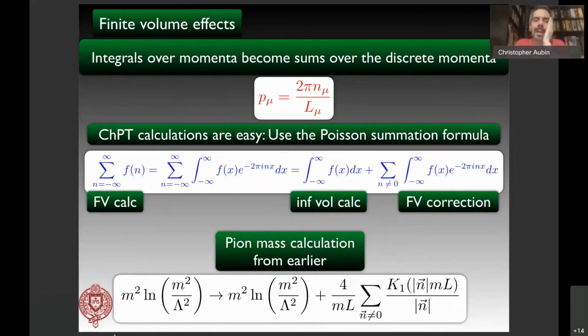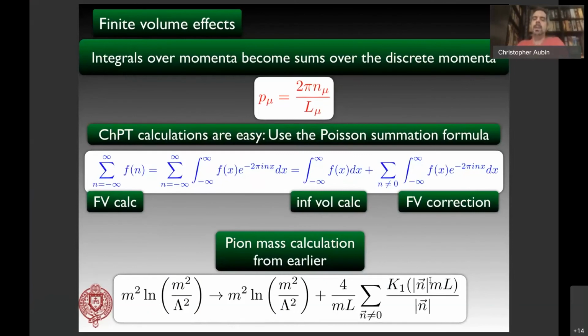All those chiral logarithm terms, the m squared log m squared, get a finite volume correction term. And so when I said that we incorporated finite volume effects before, this is how we did it. This K1 is the Bessel function of the second kind. And so this is basically an exponential.